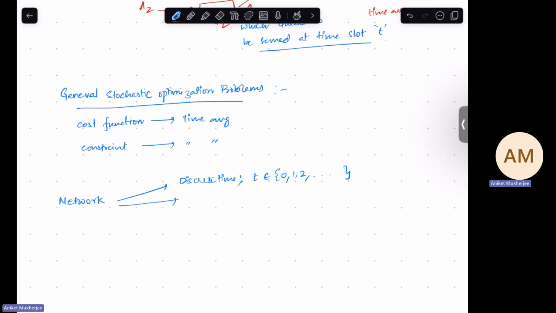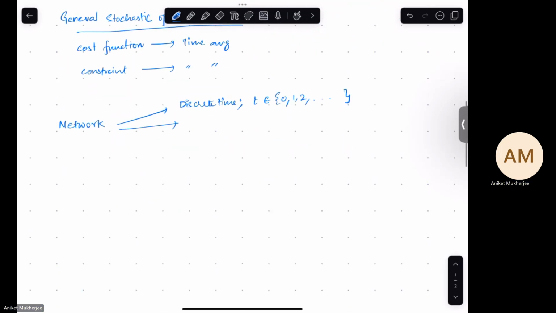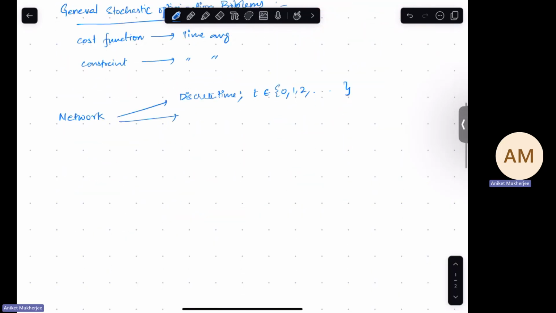Either some arrival packets will come, or some packets will be served, and the queues of each of the servers in the network will be updated. How you characterize the whole network is by their queue backlogs.